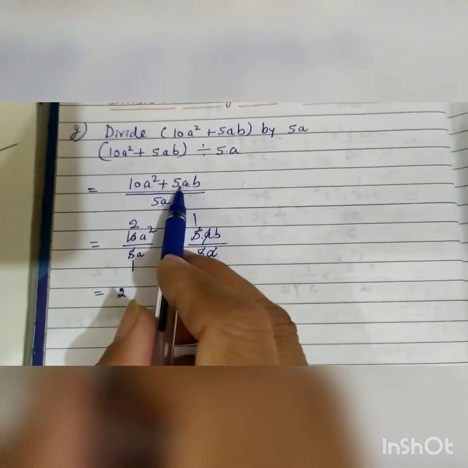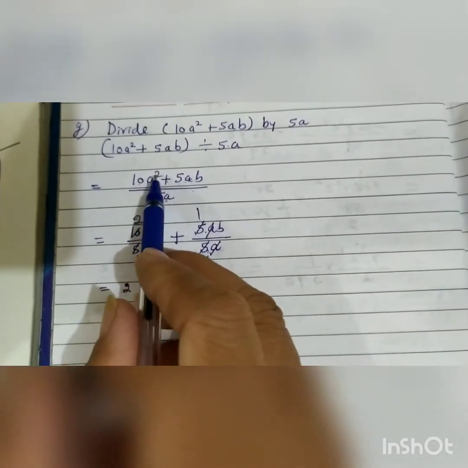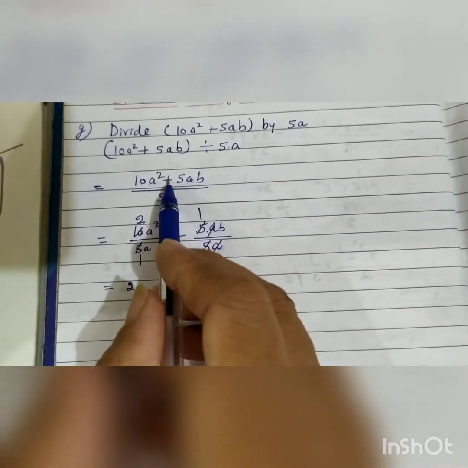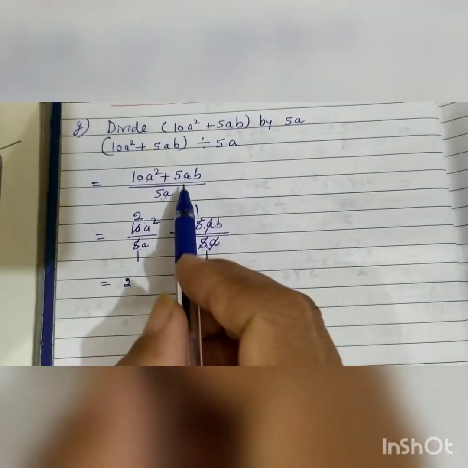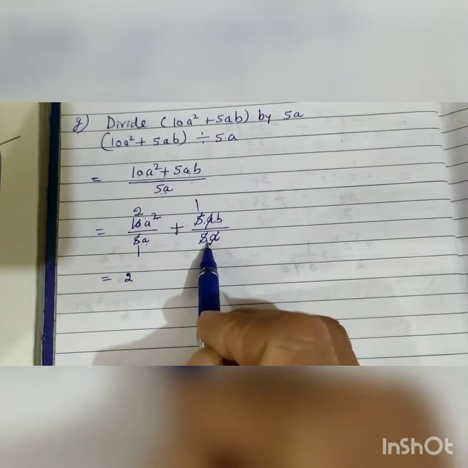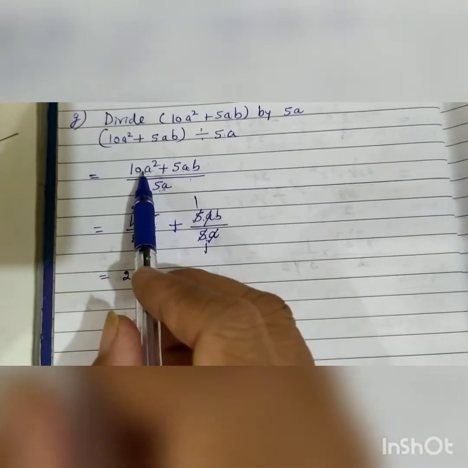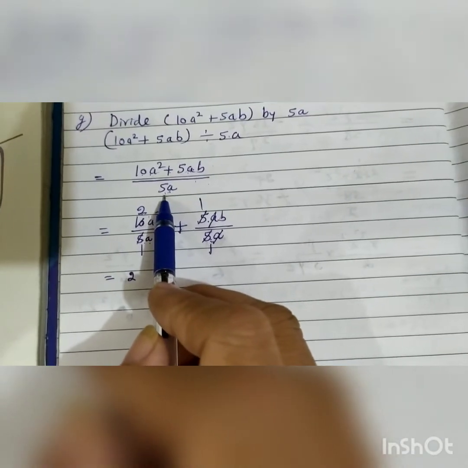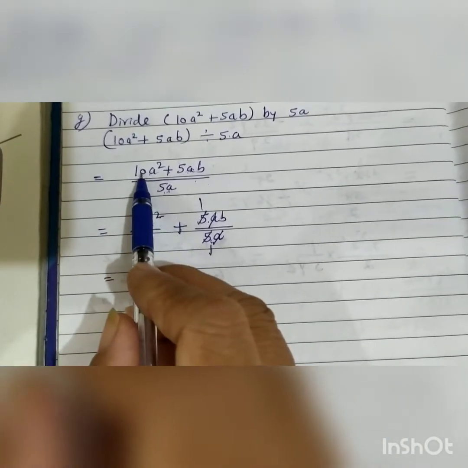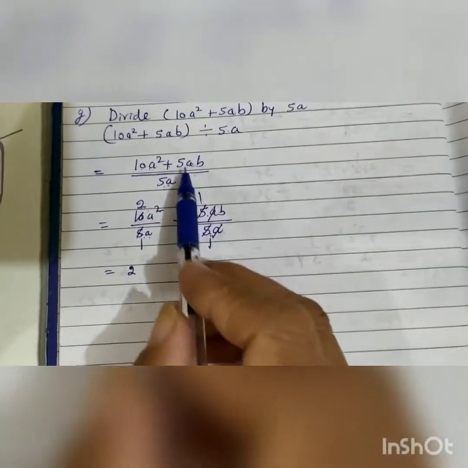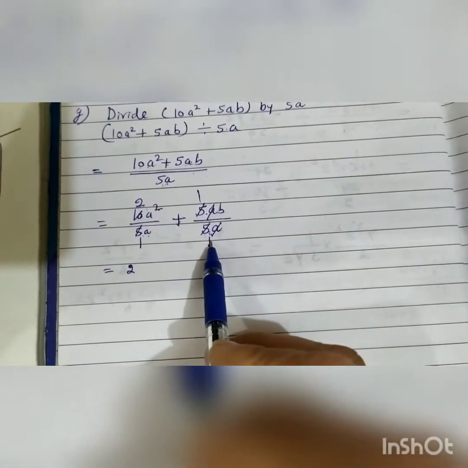We will write these two terms separately with the same denominator 5a: 10a square upon 5a, then this plus sign, then 5ab upon 5a.